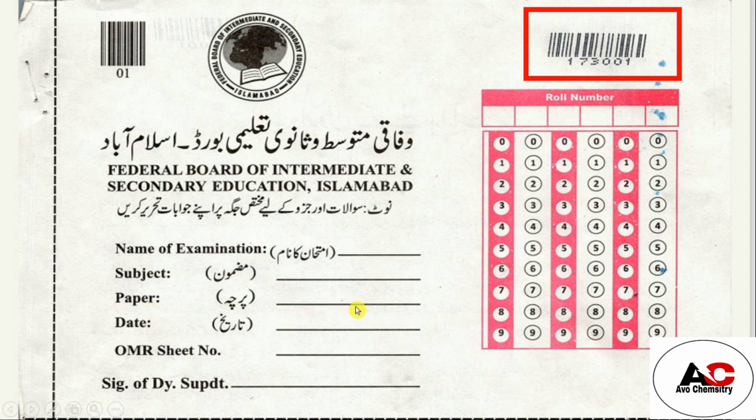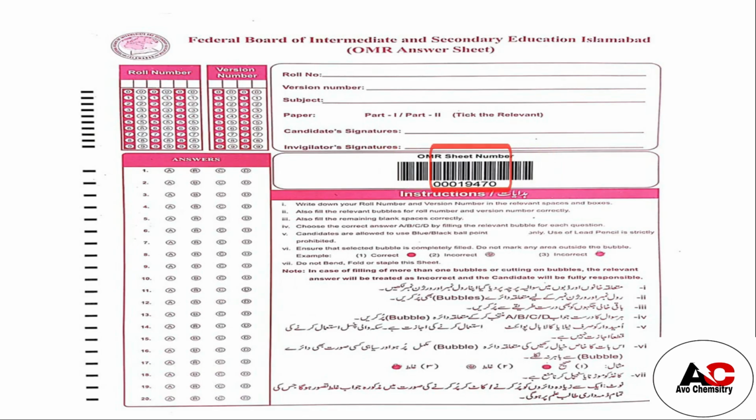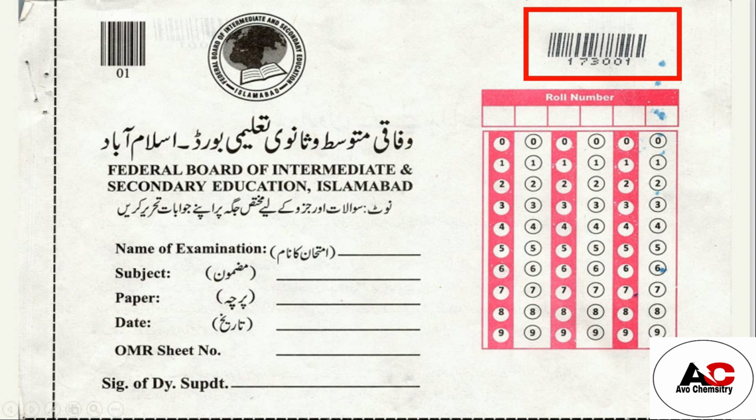SSC 1 दे रहे हैं तो पेपर 1, SSC 2 दे रहे हैं तो पेपर 2. डेट, आपने उस दिन की डेट डालनी होगी जिस दिन आपका पेपर होगा. नाउ OMR शीट नंबर, यहाँ पर आपने OMR शीट नंबर लिखना है. This OMR sheet number you will write on information side of the E-SHEET, right? आपने यहाँ पर OMR sheet number लिखना है.